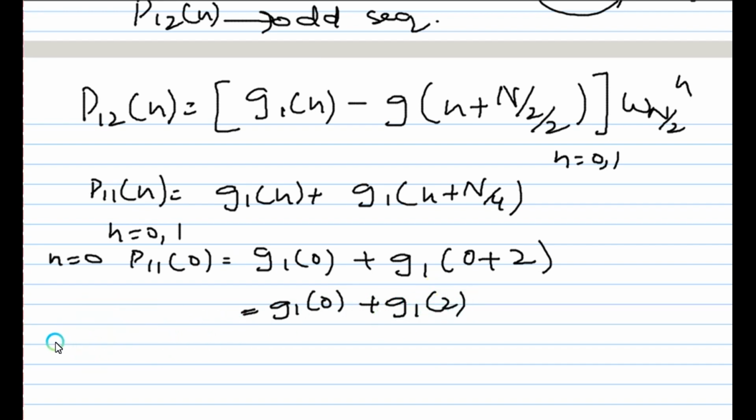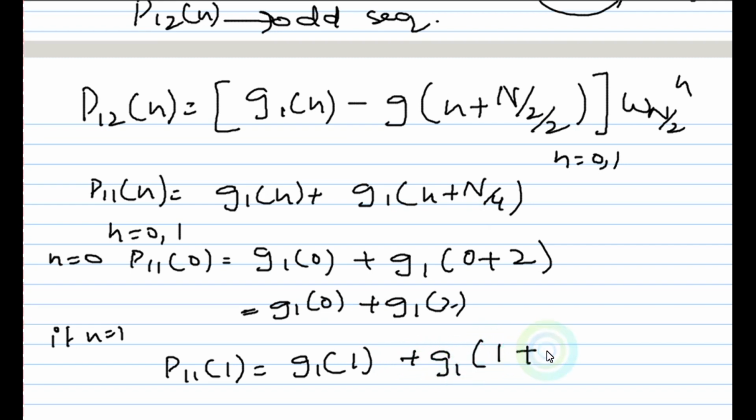Now if n is equal to 1, we substitute n equal to 1, so it will be p11 of 1 equal to g1 of 1 plus g1 of 1 plus N by 4, that is 8 by 4, that is 2. So I will get g1 of 1 plus g1 of 3.